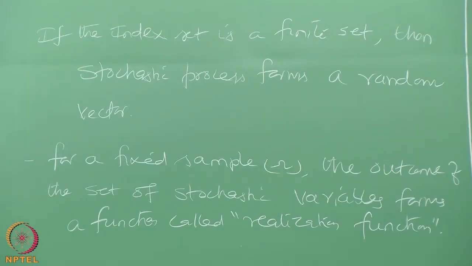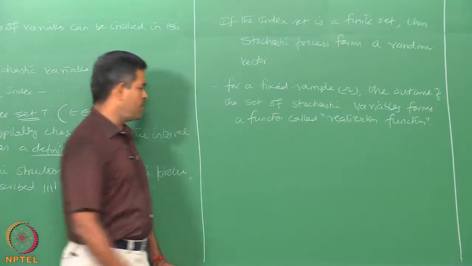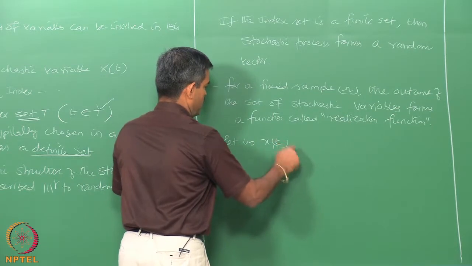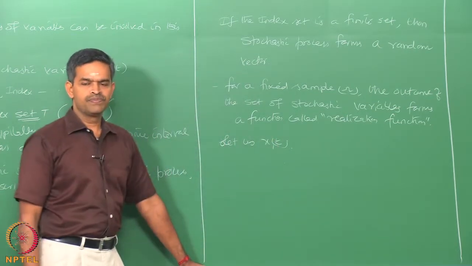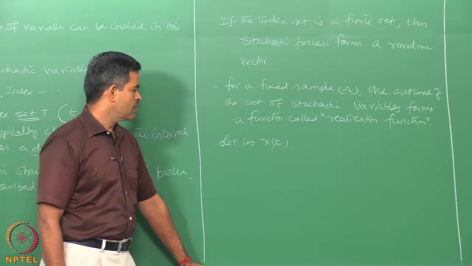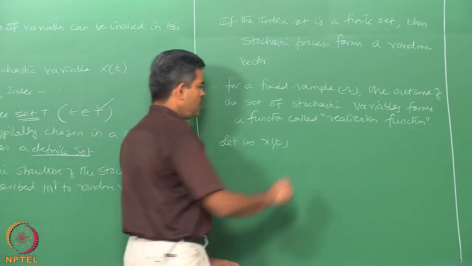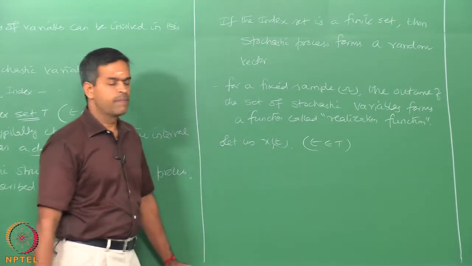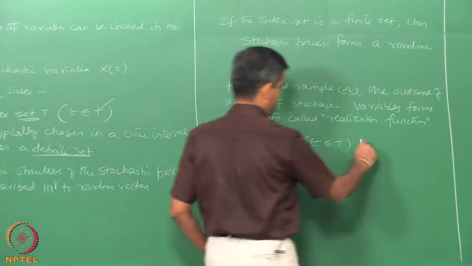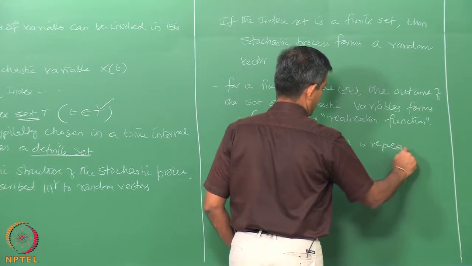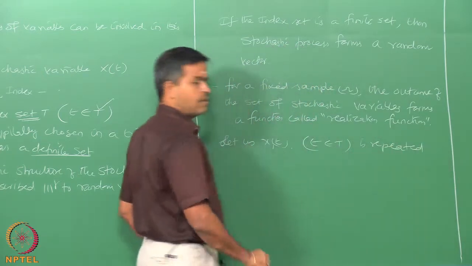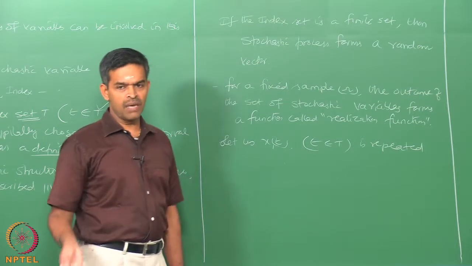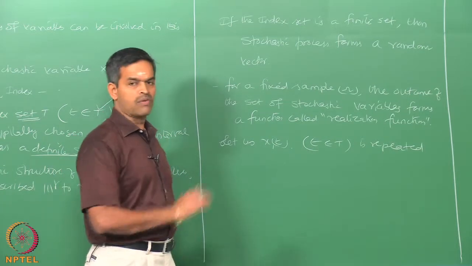Now, choosing this variable, let us say x 1 of t, if the experiment within the interval of t as an index set is repeated, then the new realizations will not be the same as the one on the figure.